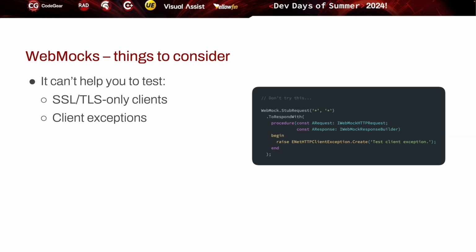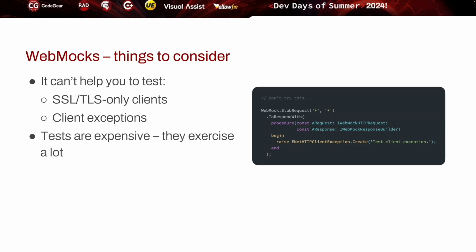So if you think you were going to be super smart and raise an exception in a dynamic responder that your client is going to see, it won't see that exception. So it's just a little gotcha that I thought I should mention to help you get used to what you can and can't achieve with WebMocks.